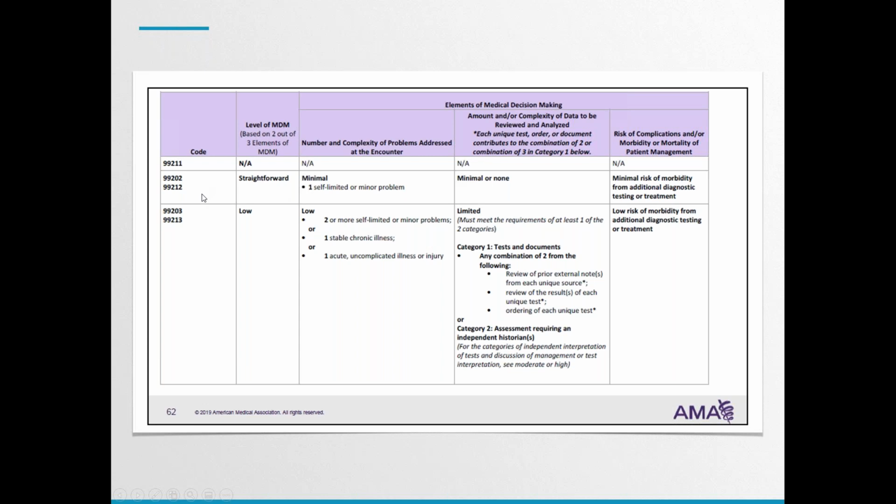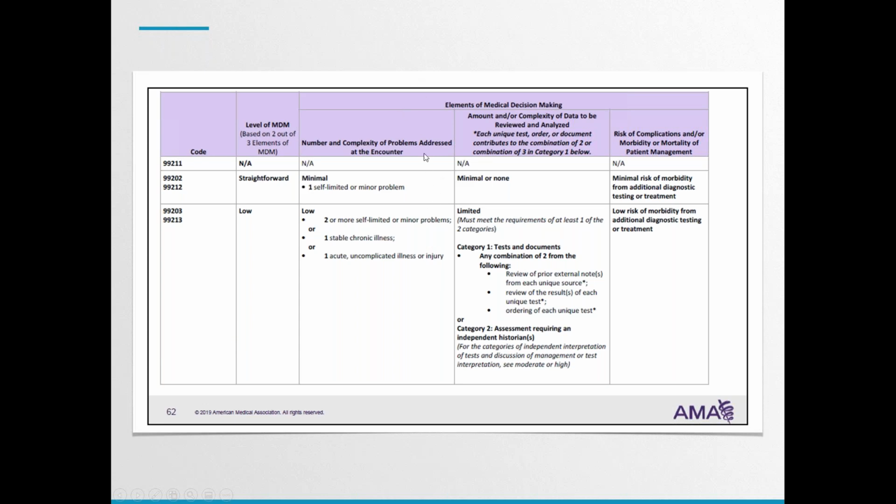Now you still have to meet the criteria of a new patient before you can select that new patient visit, meaning that that patient hasn't been seen by a physician of that same group practice specialty or subspecialty within the past 3 years. Okay, so if you meet the criteria for a new patient, you can then go ahead and choose the new patient visit, otherwise it would be established. But the key point here is that new or established, low would be the same, straightforward would be the same.